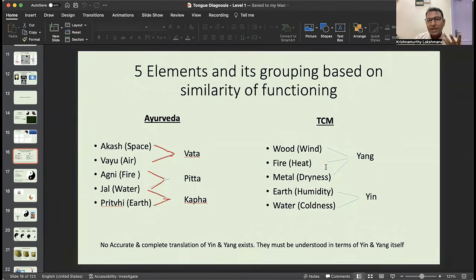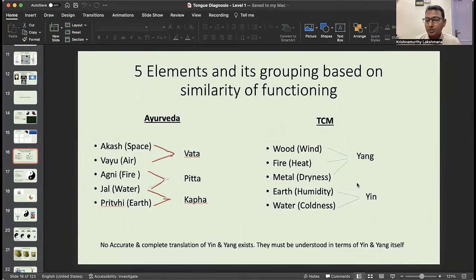We will take some examples and try to understand this yin and yang, because this is the foundation on which you will build your TCM knowledge. It has to be super strong.